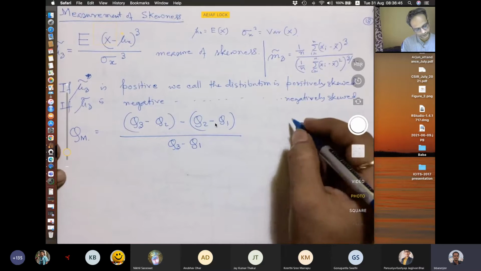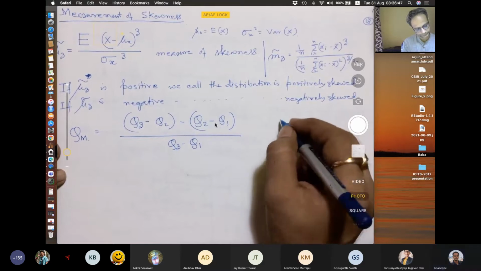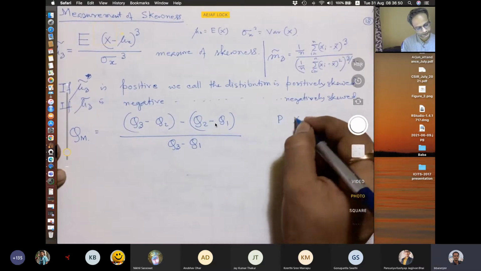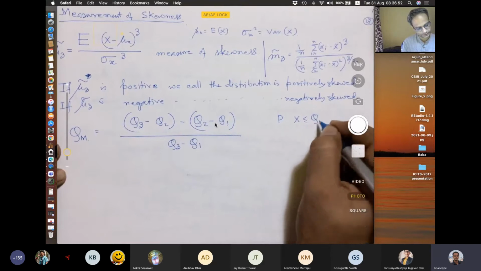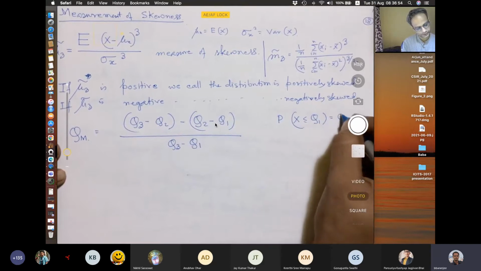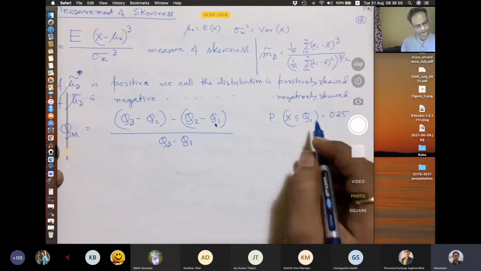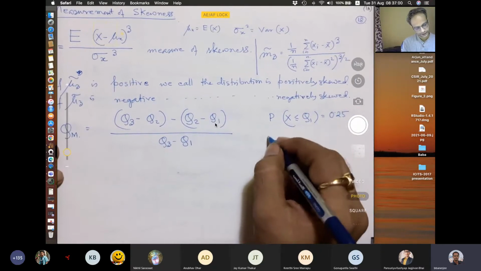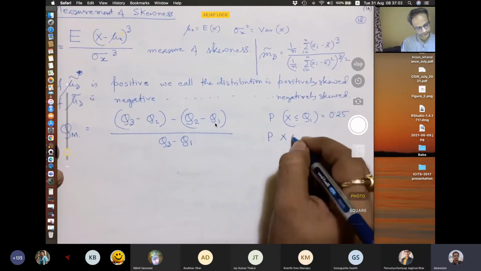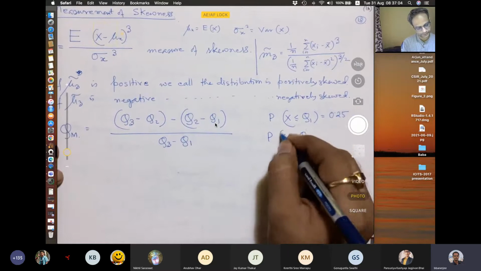I am defining what Q1, Q2 and Q3 are. Probability x less than or equal to Q1 is 0.25: one quarter of the data is less than Q1. Probability x less than or equal to Q2 is 0.5, and Q2 is the median.